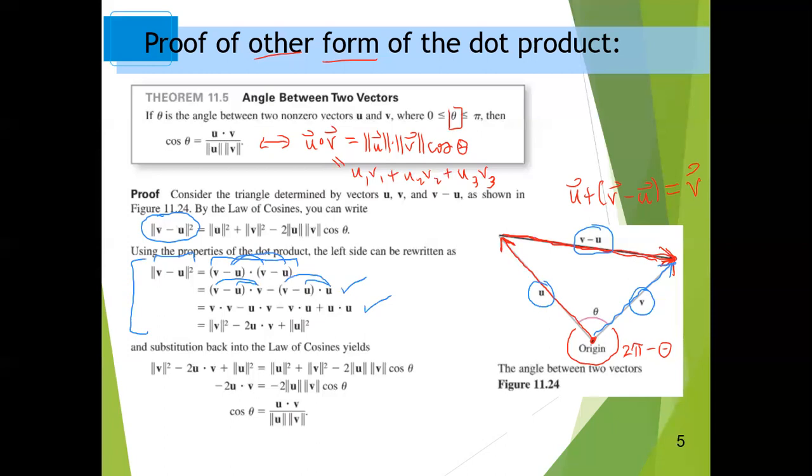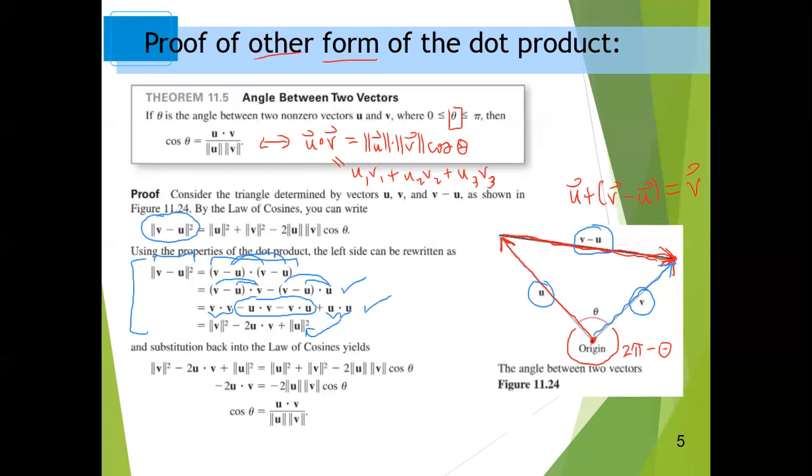And what's v dotted with v? Length of v squared. Right, v dotted with v is the length of v squared, and u dotted with u is the length of u squared. And here I have minus 2 u dotted with v, just using the commutative property. Do you see that?